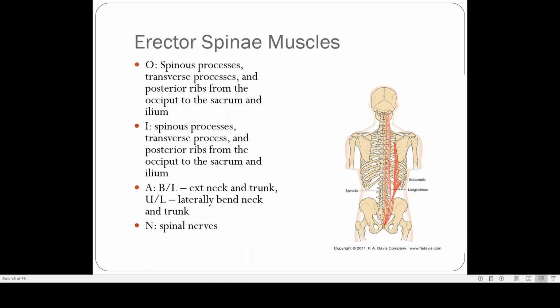They come off the spinous process, transverse process, posterior ribs, occiput to sacrum and ilium, and insert on the same areas. Each muscle has a separate origin and insertion, but we don't need to know it for this class. They cause extension of the trunk and neck when working on both sides. Unilaterally, they laterally bend the trunk and neck to the side that is working, and they have various spinal nerves.